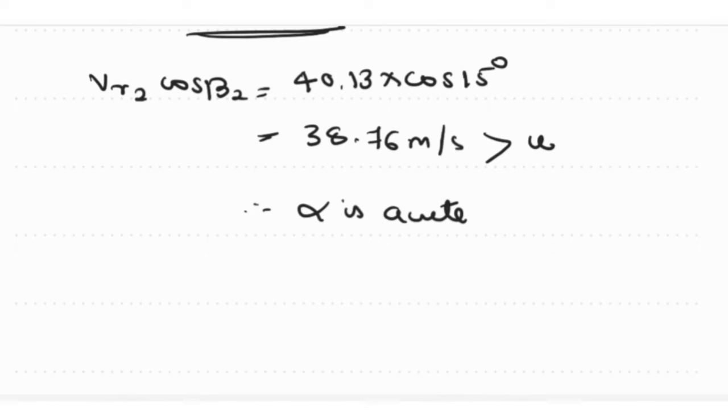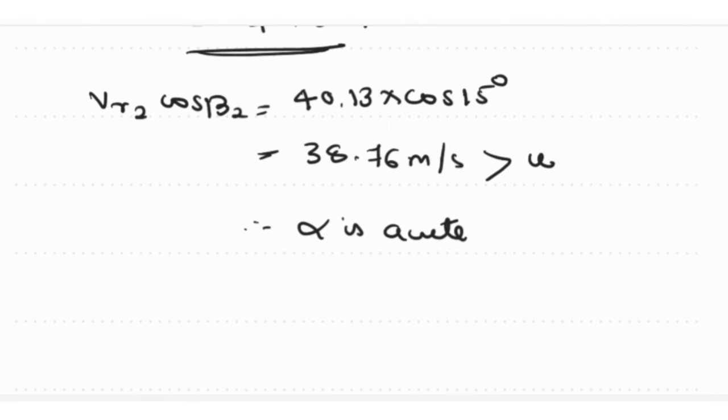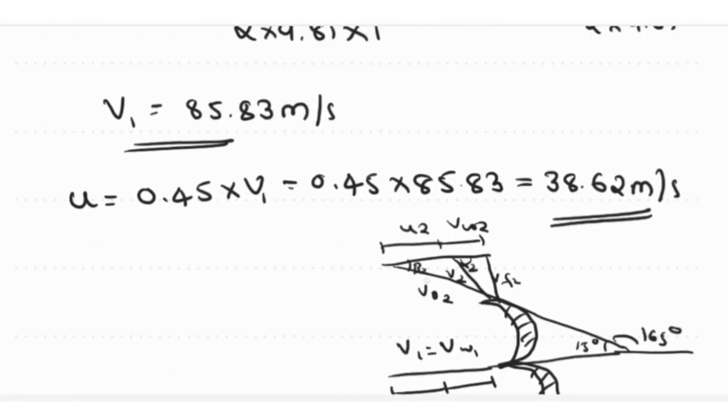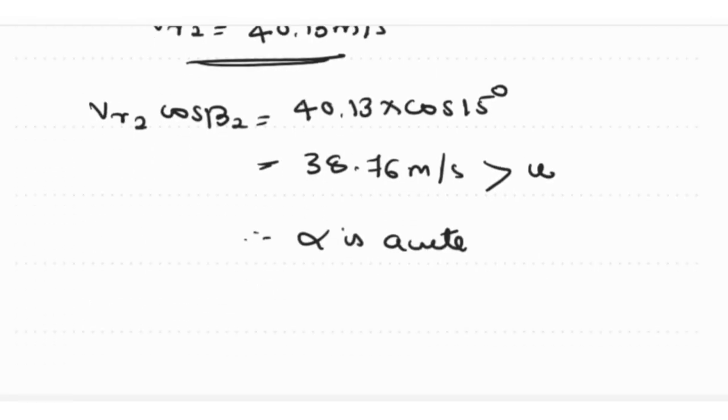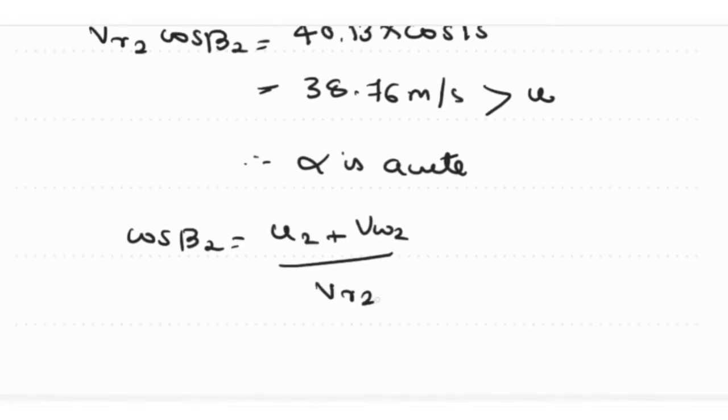Now we should calculate VW2. VW1 we have already calculated. We need VW2 to get the work done, that is for the calculation of power. We can calculate VW2 by applying cos beta 2 to this triangle. Cos beta 2 is equal to the adjacent side divided by the hypotenuse. The adjacent side is U2 plus VW2, divided by the hypotenuse VR2.